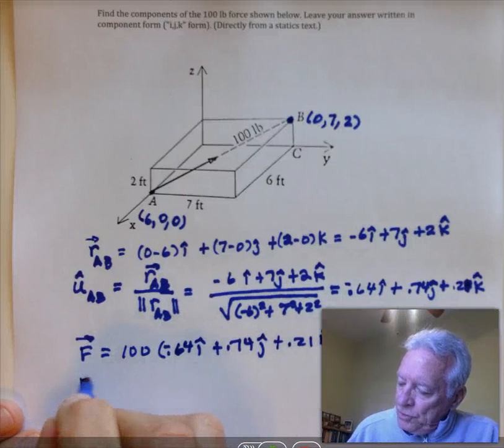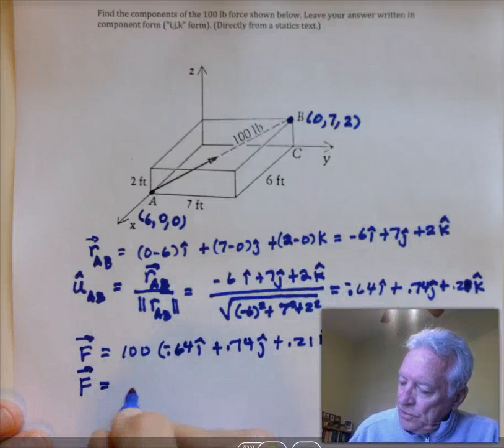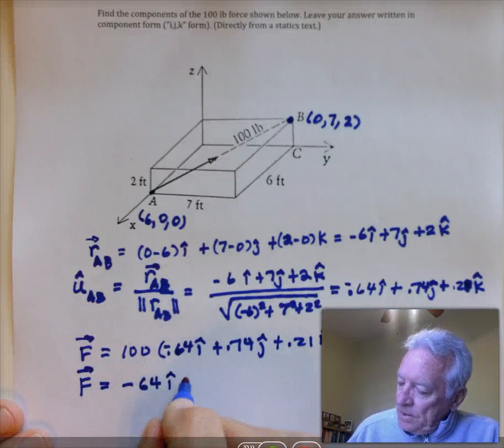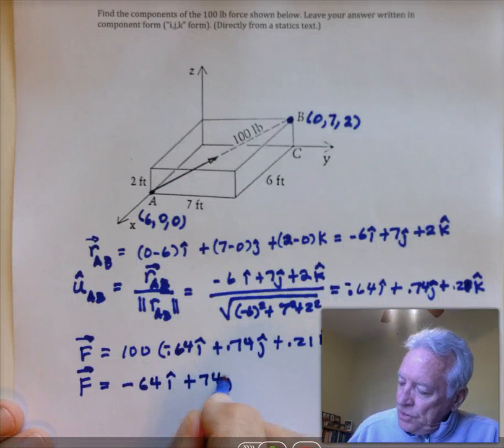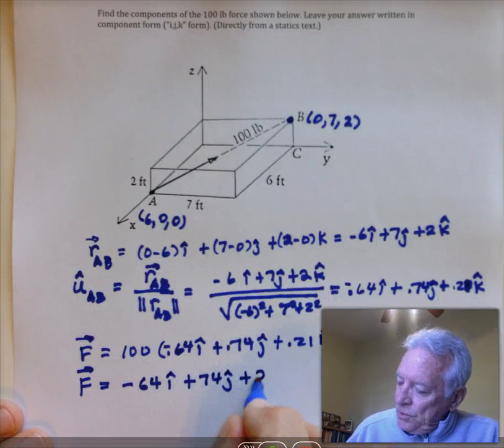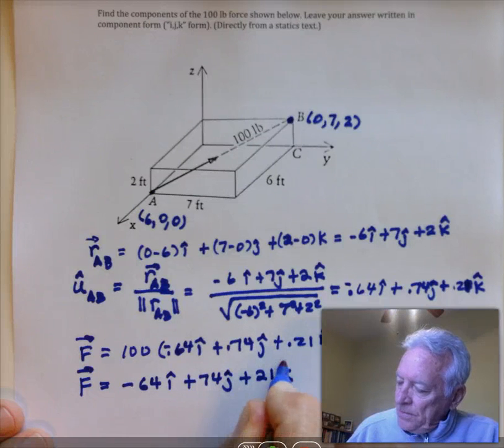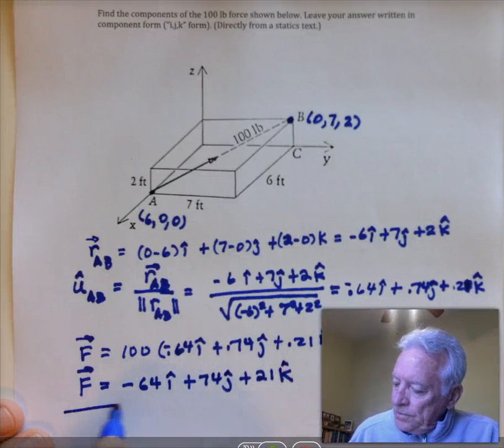And so to 2 decimal places, the force vector would be negative 64i plus 74j plus 21k. And that's your force vector.